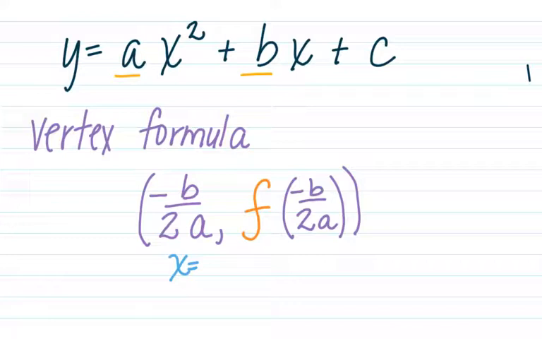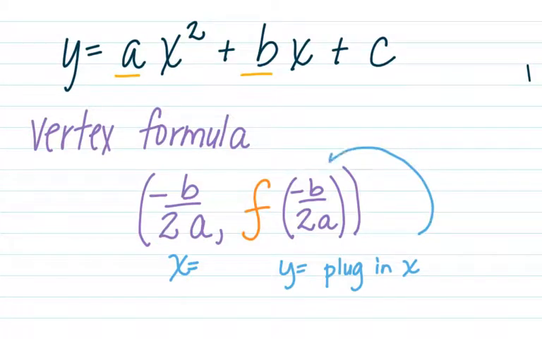And the y value is this fancy notation that says f of negative b over 2a. To find your y, it just really means plug your x into the equation. That's how you find your y. That's what this fancy notation means. Plug in x into the equation to find y.